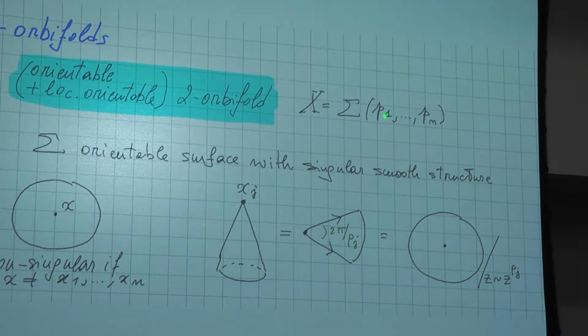At the jth point, you have a smooth structure obtained by identifying the sides of a sector of amplitude 2 pi over pj, and so you get a cone point. This is equivalent to saying that your local model is not a disk, but a quotient of the disk under identifying z to z to the power pj.